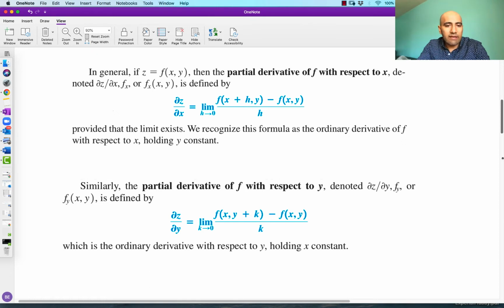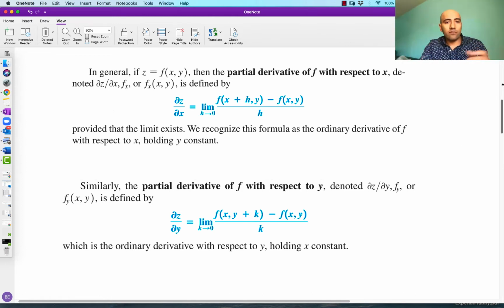And then a similar definition is given for the derivative of the function z with respect to y. So the partial derivative of f with respect to y, denoted as dz/dy, or f sub y, or f sub y of x comma y, is defined by dz/dy equals the limit as k goes to 0 of f of x comma y plus k minus f of x comma y, all over k, right?